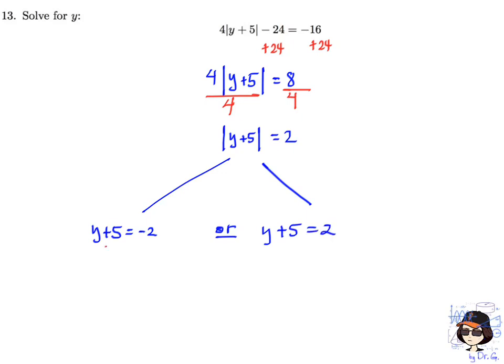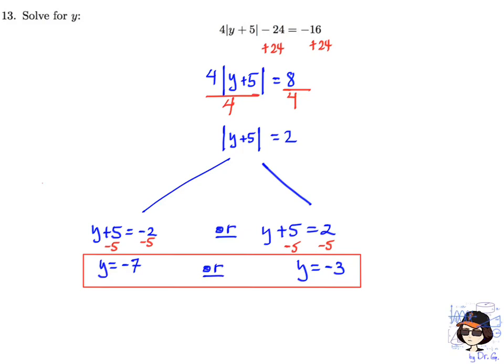And let's solve them separately. So subtracting 5 here gives me y equals negative 7. And the other one, subtracting 5, gives me y equals negative 3. And so my two possibilities are negative 7 or negative 3.